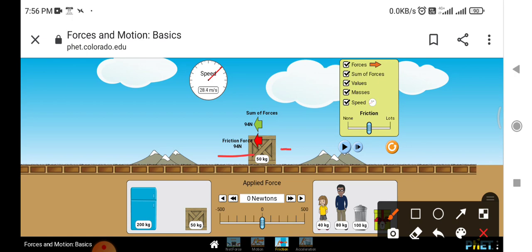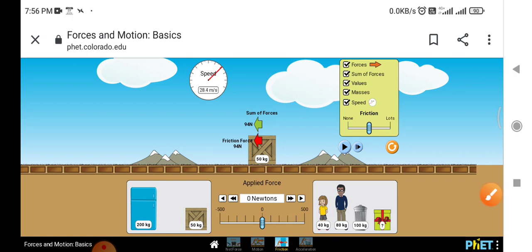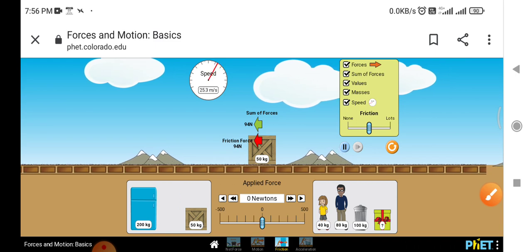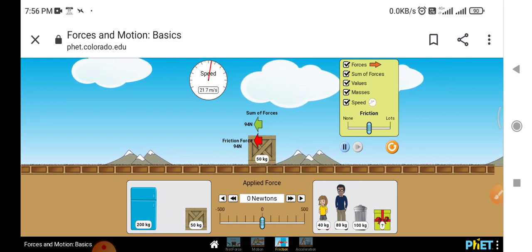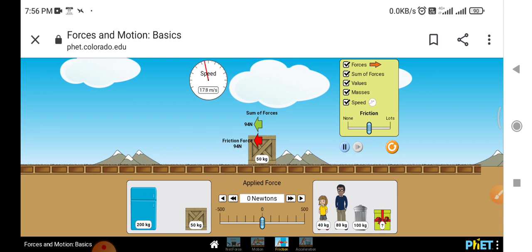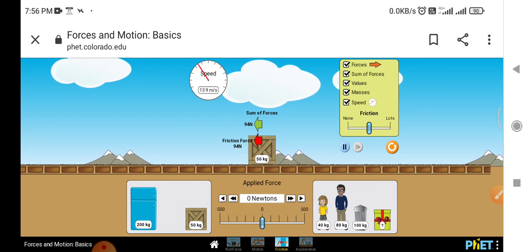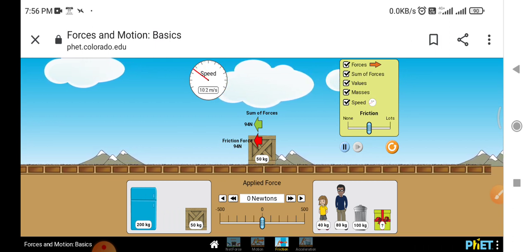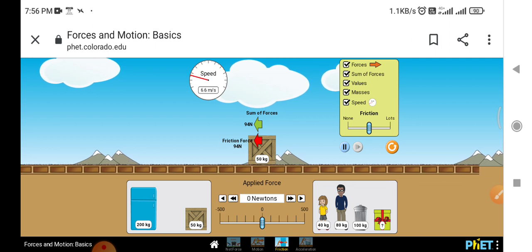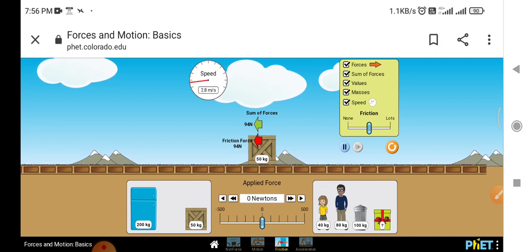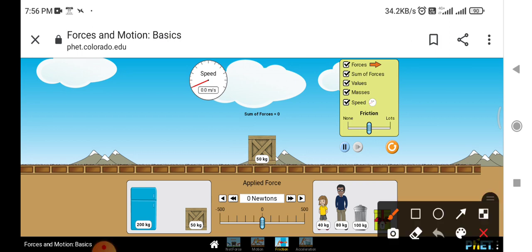See, this is the frictional force, 94 Newton. There is no applied force here. So the object will stop after a certain time. We will see. Yeah, now see that. Now the object will stop automatically because of the friction.